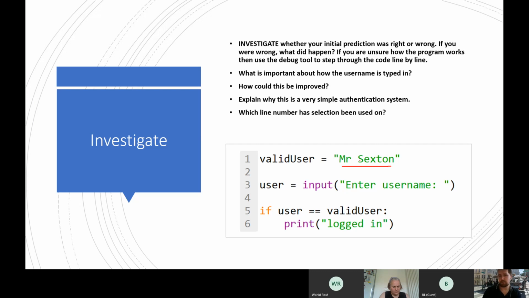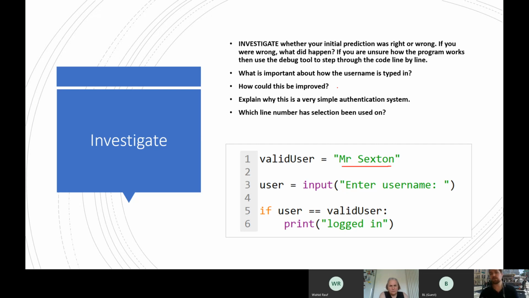The students can talk about that and hopefully apply what they've learned previously. How could this be improved? This is about using the upper or the lower functions like we did in the first activity, and again getting them to make those links.